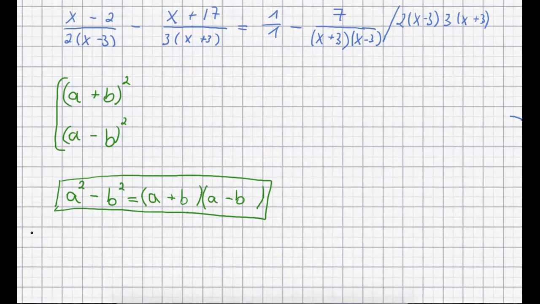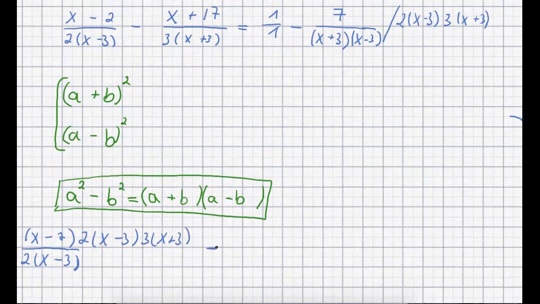So what do you do? You just copy the first unit, x minus 2, and then 2, and x minus 3. Now you put the מונה in סוגריים, and then you write all the מכנה משותף. So you write 2, x minus 3, 3, x plus 3.